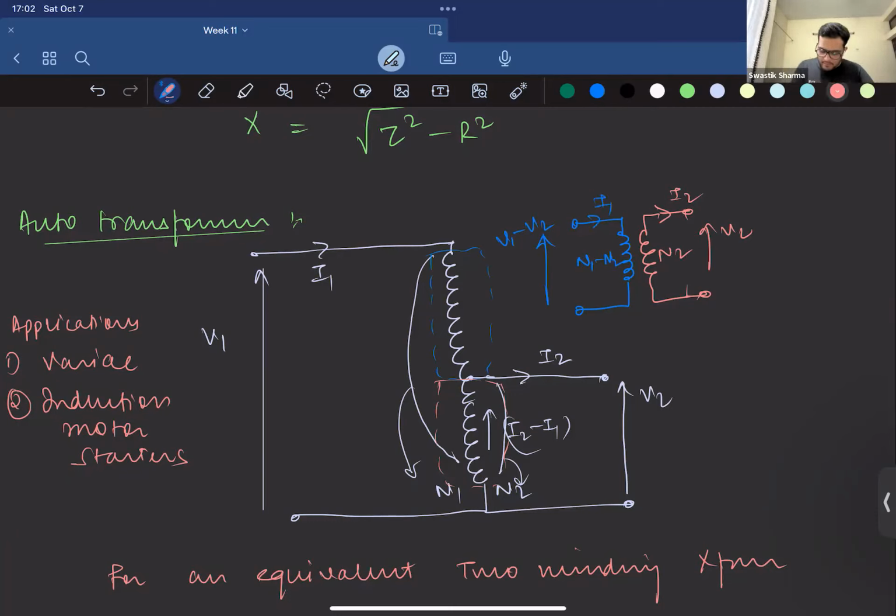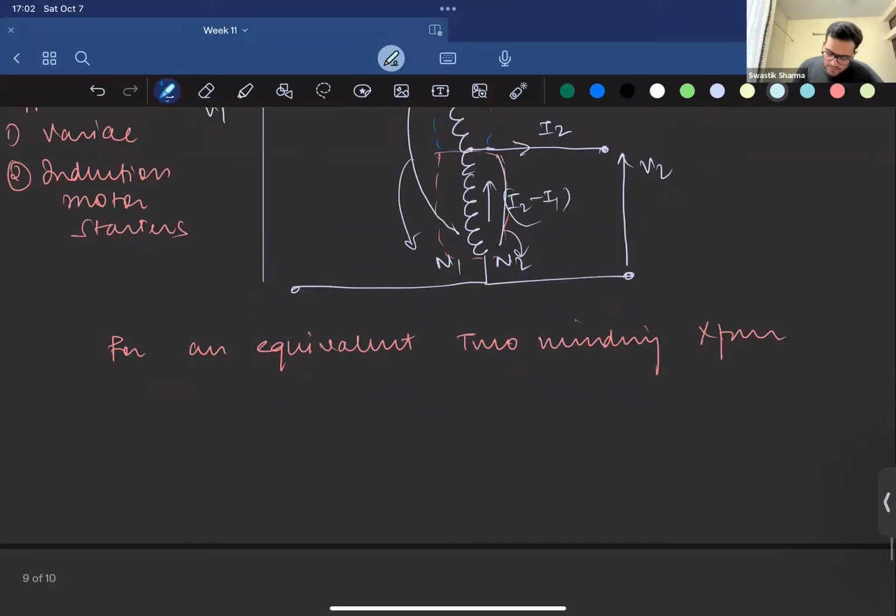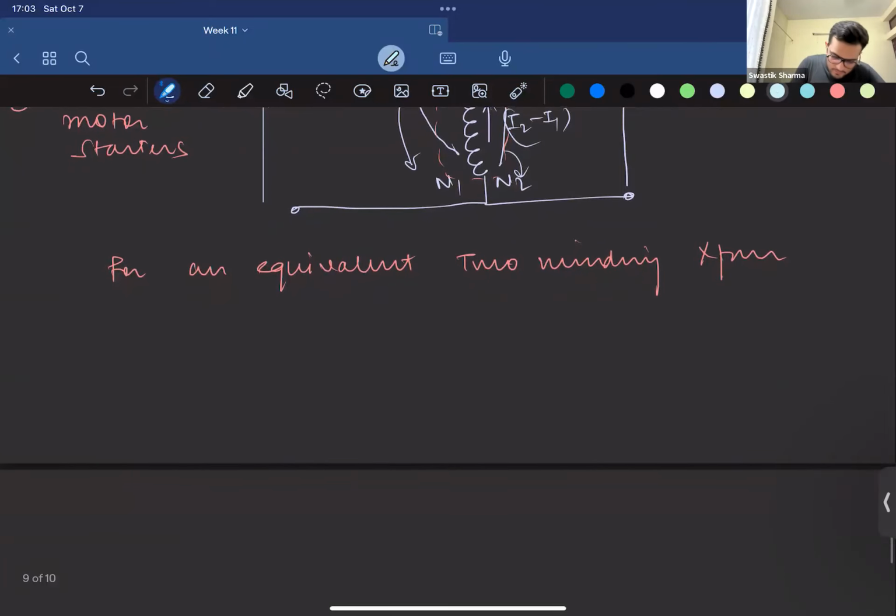So for this equivalent transformer, I want to see how we can take parameters from one transformer and use them to derive how the parameters for the second auto transformer will look like, right? Let's see. We know for an equivalent two winding transformer, how will the turn ratio look like? It's nothing but V1 minus V2 upon V2, or N1 minus N2 upon N2, right?